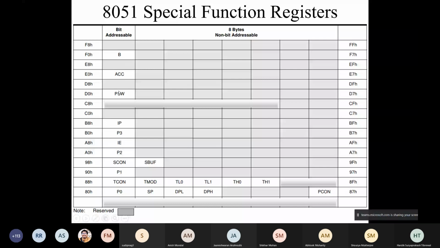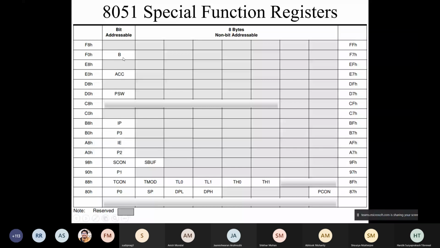These are human-given names to registers having certain functions. But these friendly names do not really exist inside the microcontroller. What exists are addresses for those locations, for those registers. Like B is represented by F0.